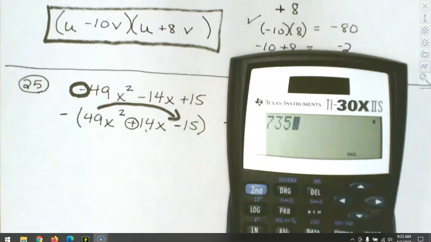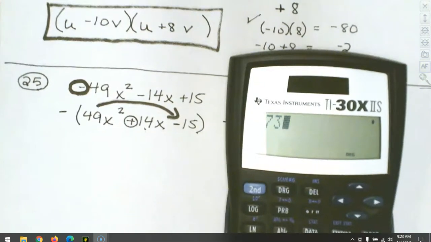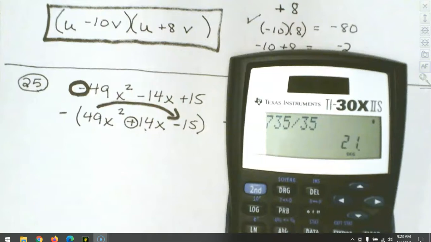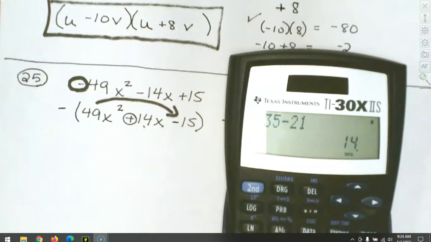So let's try 25. 25 doesn't go in there. 30 is not going to go in there, but how about 35? 35 and 21. I think that's going to work because 35 minus 21, what is that? 14.